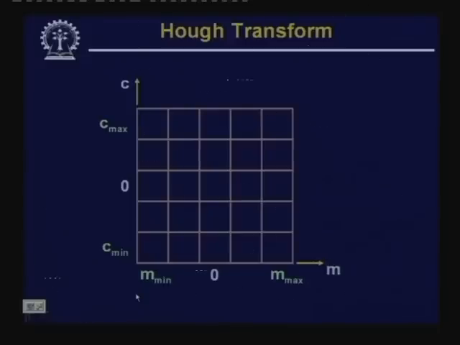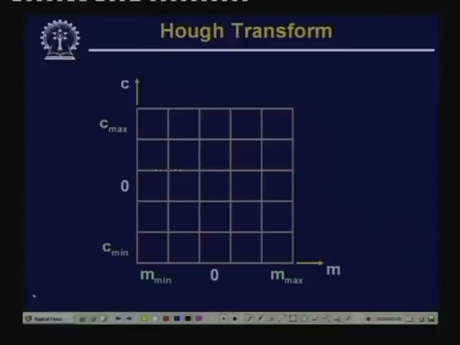So, here you find that the MC plane is divided into a number of smaller accumulator cells. Here we have a range of slopes which is the expected range of slopes in a particular application, and the range is from m minimum, the minimum slope, to m maximum, the maximum slope.